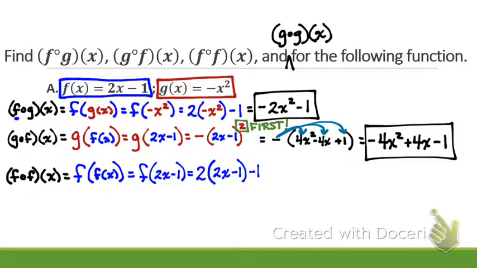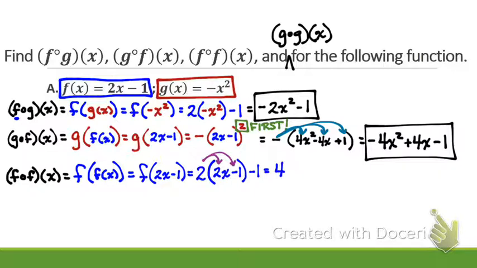So far, so good? If you're not following, please let me know. What do I still need to do to this then? Distribute. So I'm going to take the 2, I'm going to distribute it to these pieces right here.